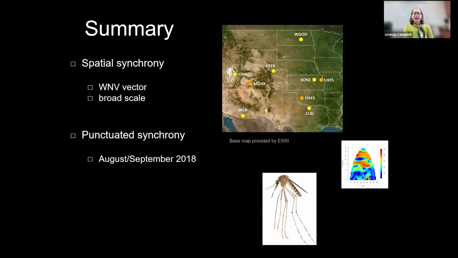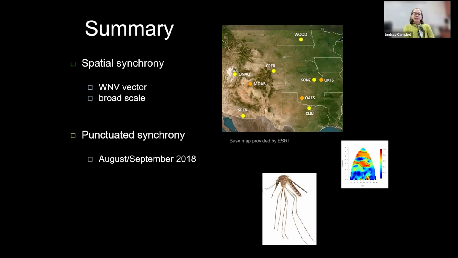And then overall, we're trying to think of how it's possible to start examining mosquito population dynamics, not just at local scales, but how these are distributed and varying across broad geographic regions.